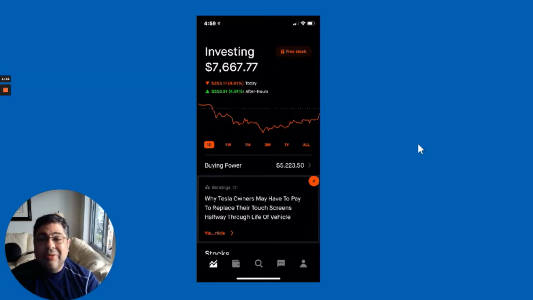So today is Sunday, so the market is not open. When it says today, it's really referring to Friday's close at 4:30 in the afternoon, and the after hours is from 4:30 until 8, I believe.